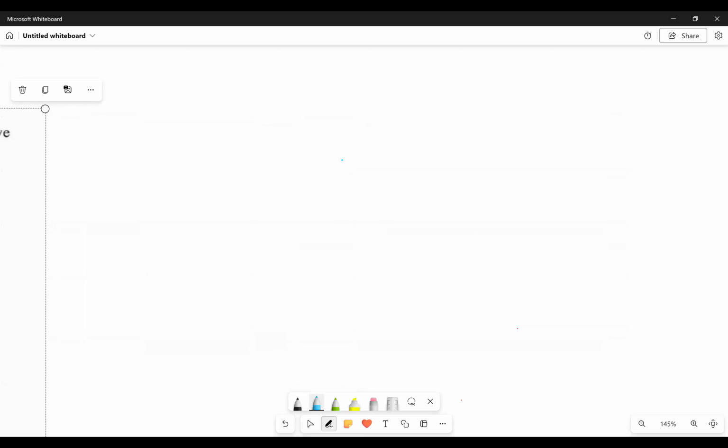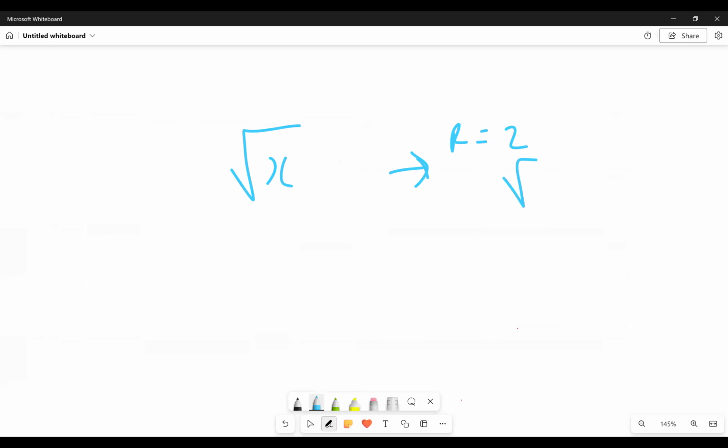So let's look at a simple example first. The square root of X is not closed in real numbers, because if I enter the real number 4, I get 2. The square root of 4 is equal to 2.